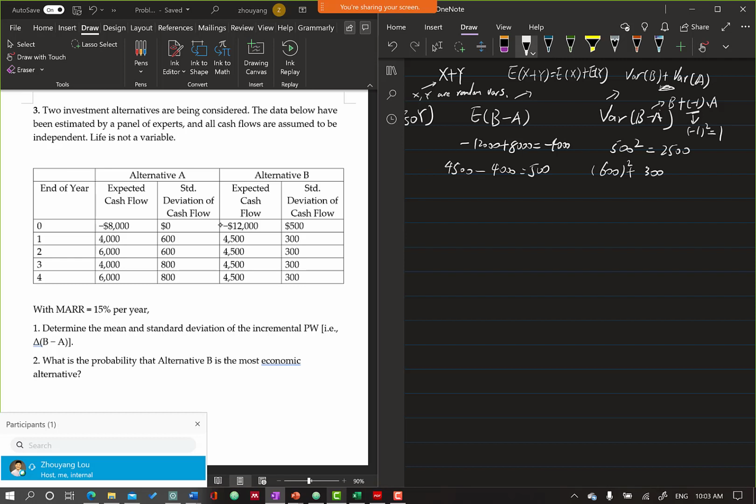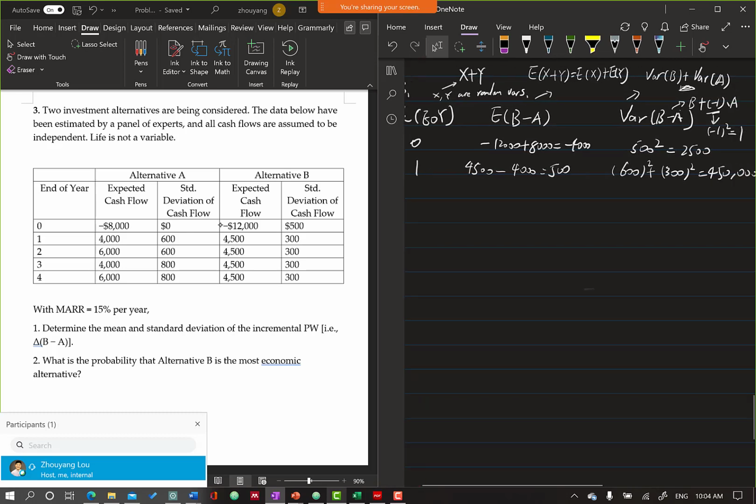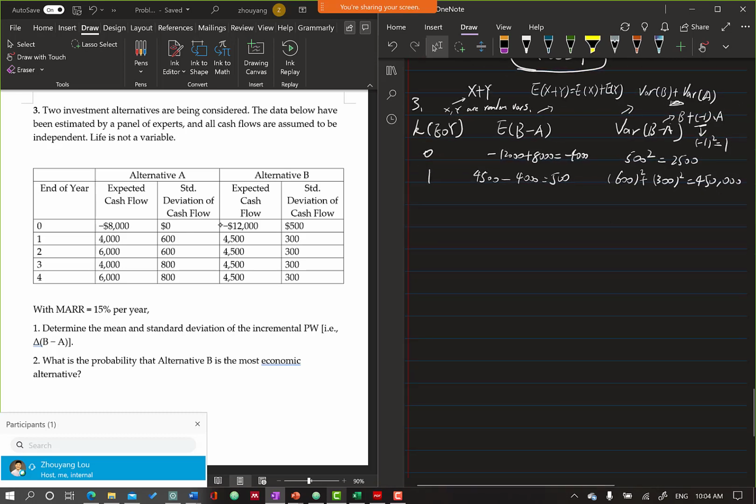So that's 300 squared, and that's 450,000. Okay, that's for year 1. And for year 2 to year 4, we are following exactly the same pattern. So let me skip the intermediate steps and just write down the solution.